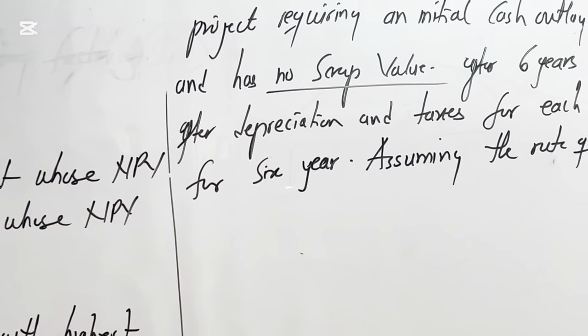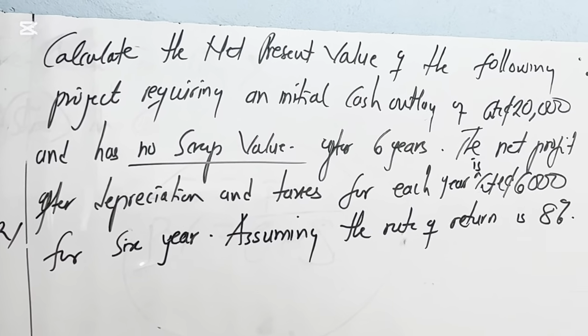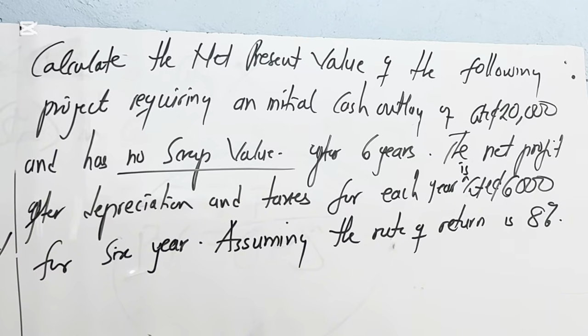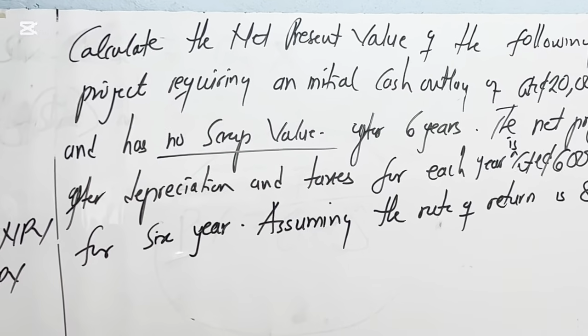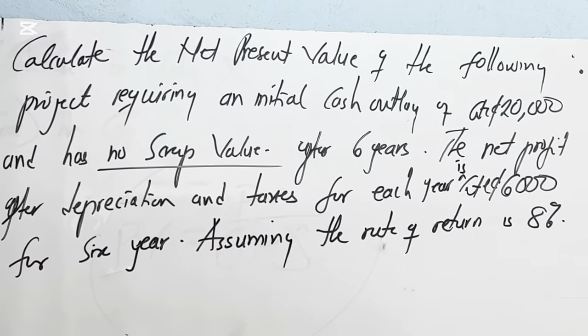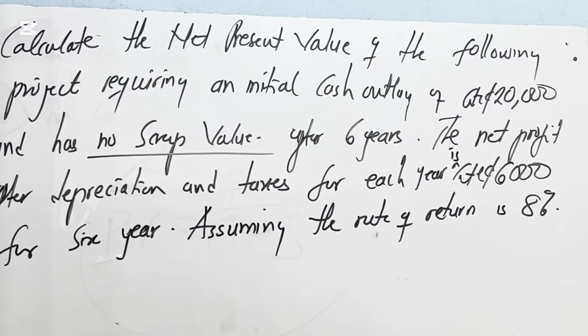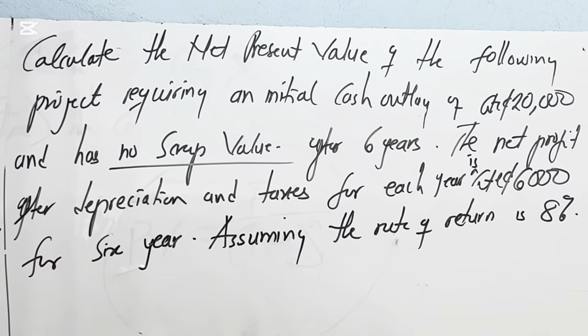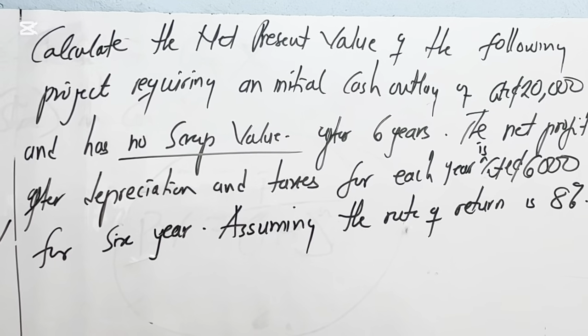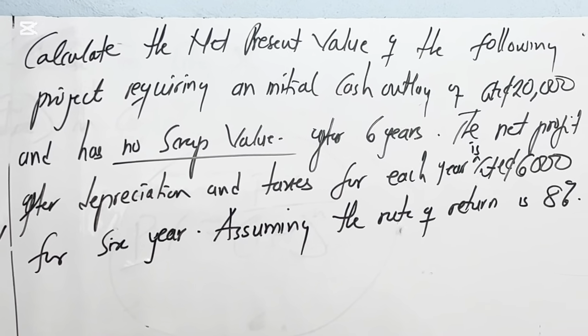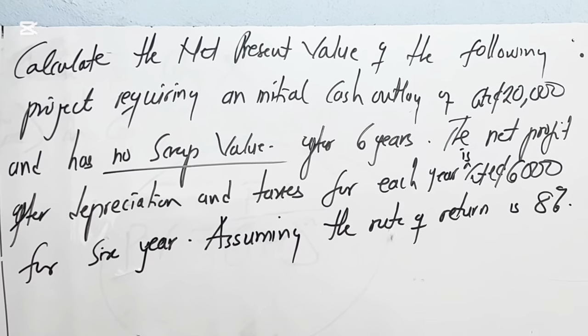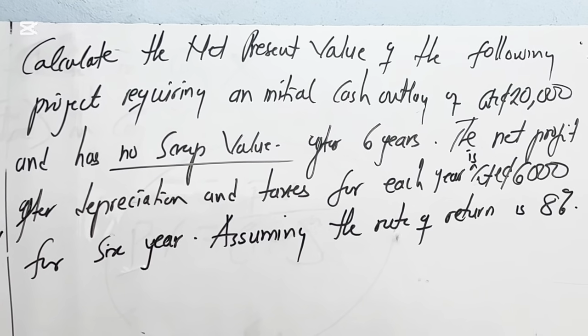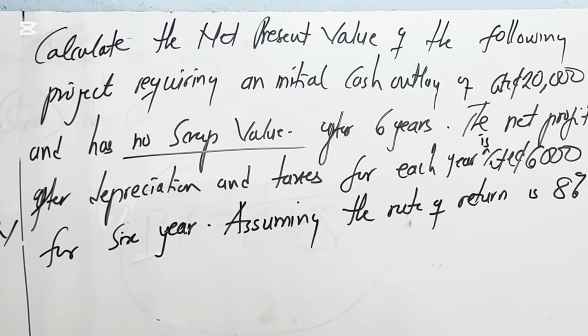We say calculate the net present value of the following project requiring an initial cash outlay of 20,000 and has no scrap value. When we say scrap value, if we decide to dispose of the project, be it maybe investment in machineries, the amount of money we get is the scrap value.